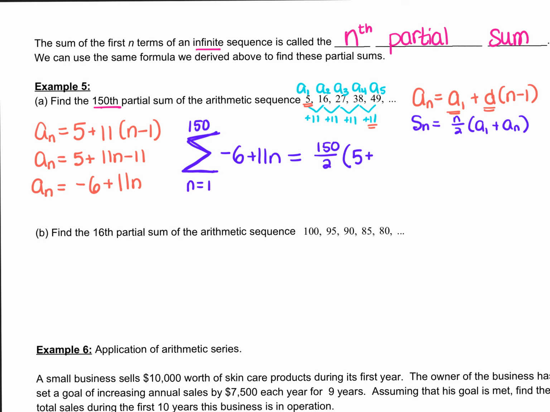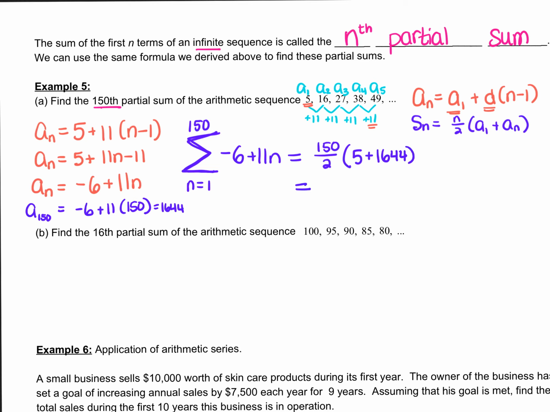Plus, what we don't know is the 150th term, but luckily, we came up with this fantastic formula that allows us to quickly find the 150th term. So all I'm going to do is plug in 150 here. To find the 150th term, I'm going to do negative 6 plus 11 times 150. Go ahead and figure out what that is, and you should get 1644. Okay, so that is our 150th term.